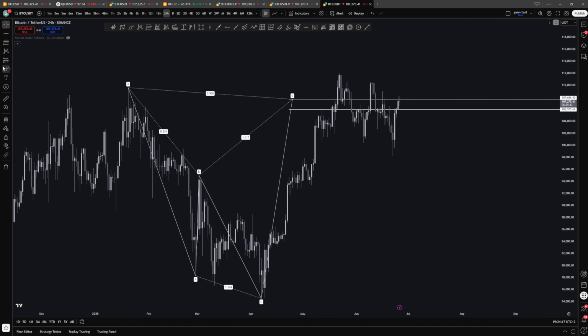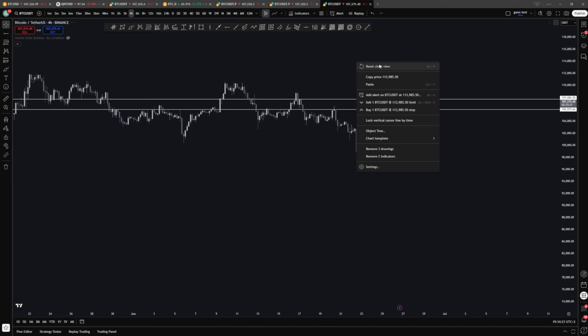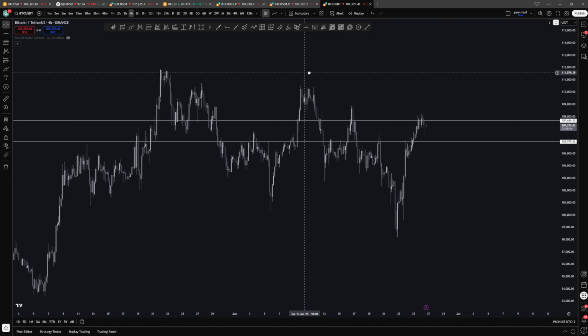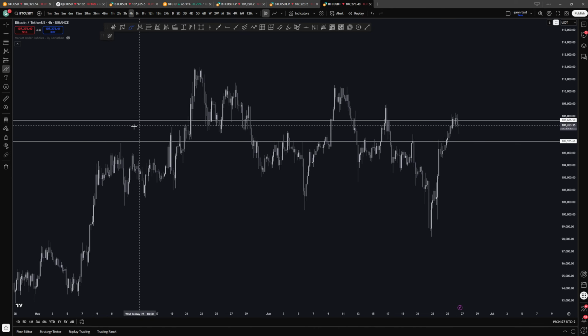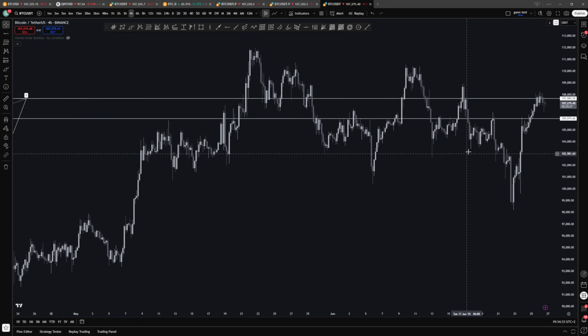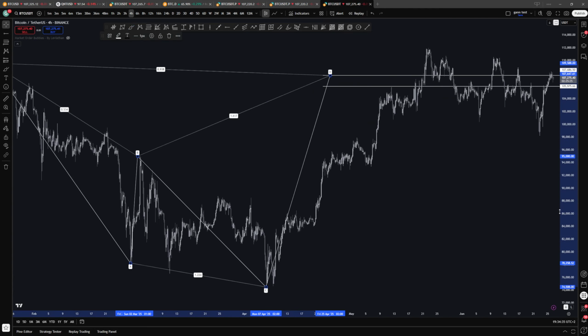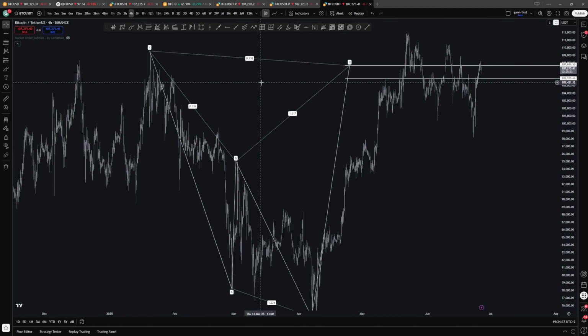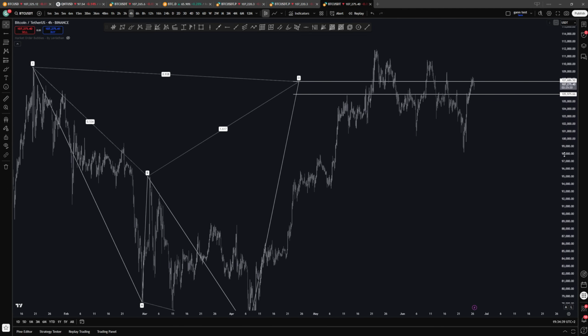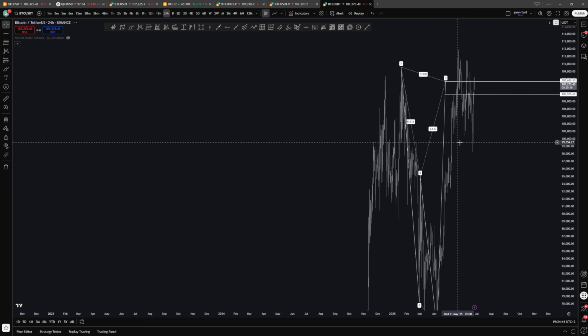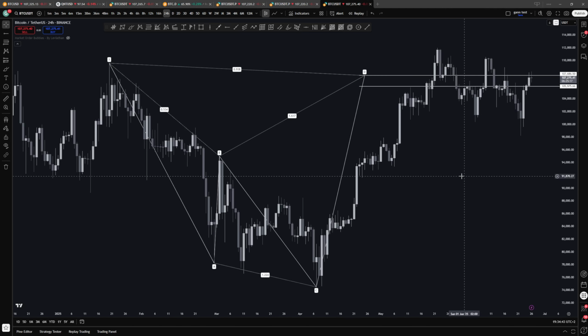So taking both those values, the 0.886 right over there and the 1.618 right over there, you get quite a wide area. And as you can see, that is why there's a lot of disrespect going on here. That is why I talk about being cautious when things like this happen. If your ratios don't properly align, if they're very spread out, then you're essentially just trading individual fibs, which is a lot less confluent than trading a full harmonic.